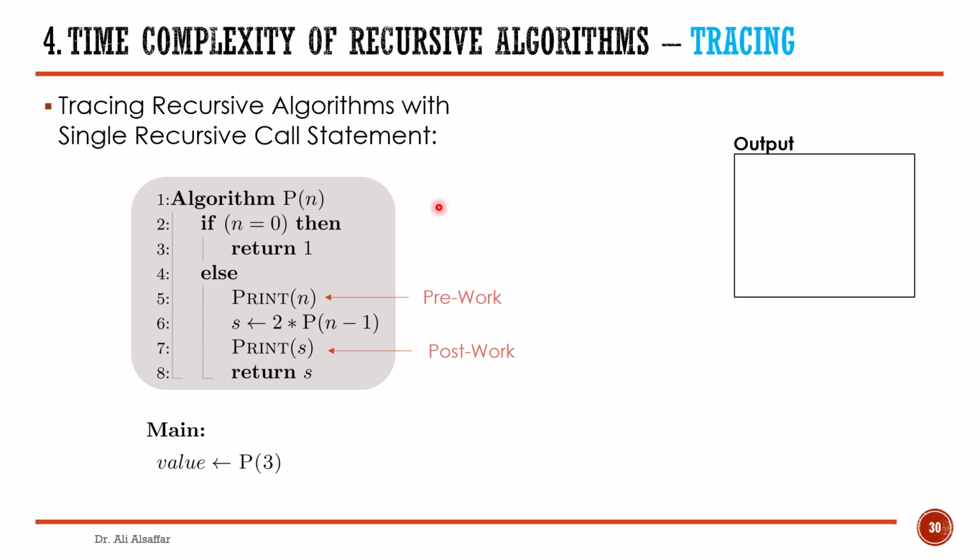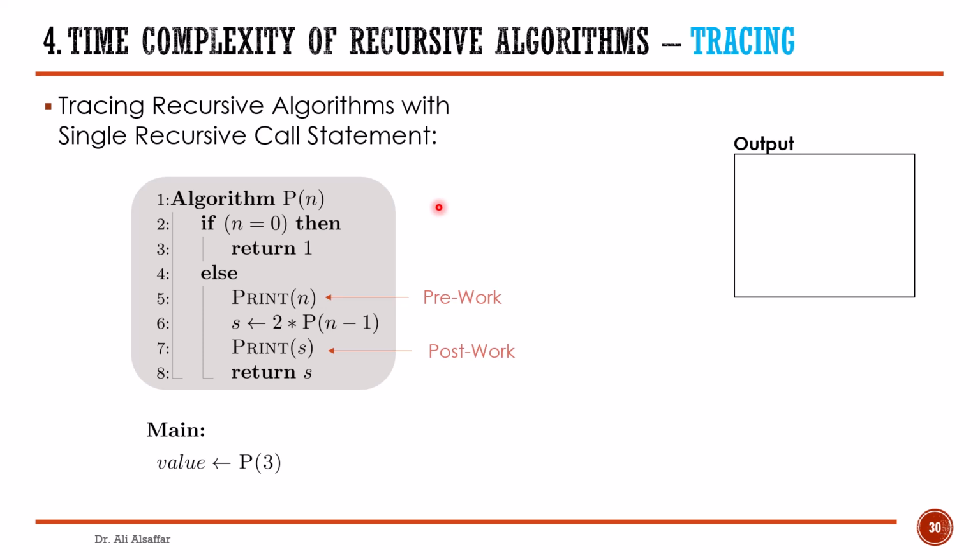Subtracting 1 from n is considered a pre-work operation because it must be calculated before calling the method recursively. Now for the post-work operations, there are multiplication and assignment operations at line 6, and also printing and returning the value of s at line 7 and line 8 respectively.